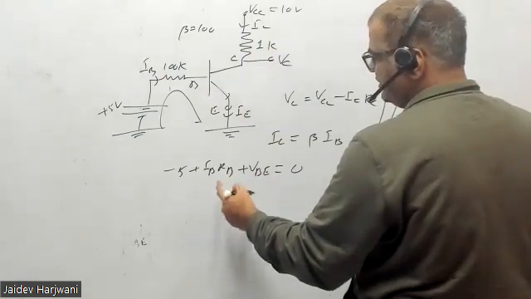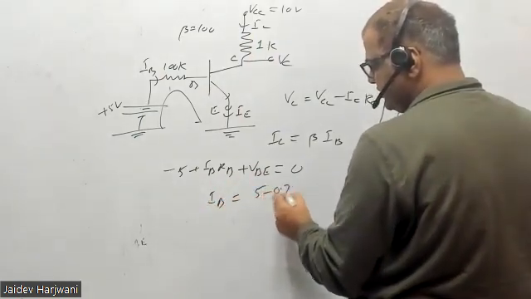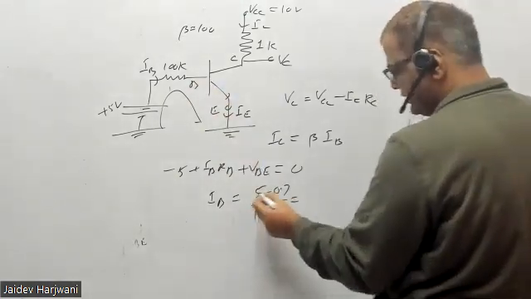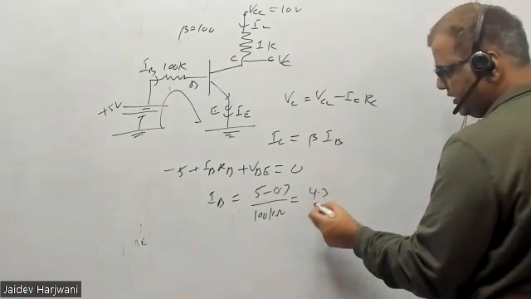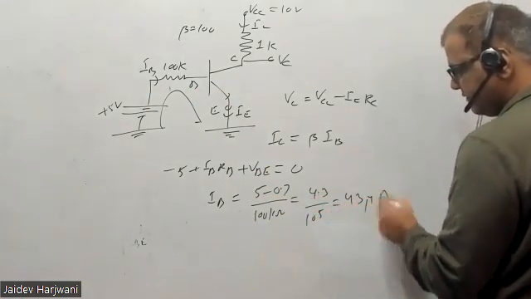Now IB will be 5 minus 0.7 divided by 100 kilo. So this will come to 4.3 divided by 10 raised to power 5, that is 43 microampere.